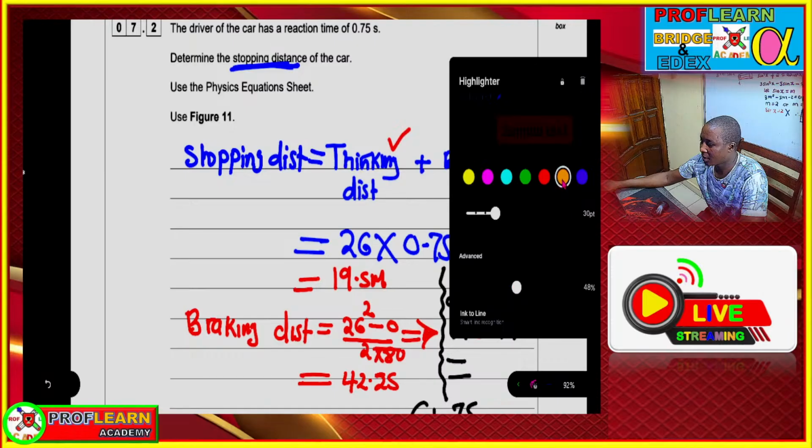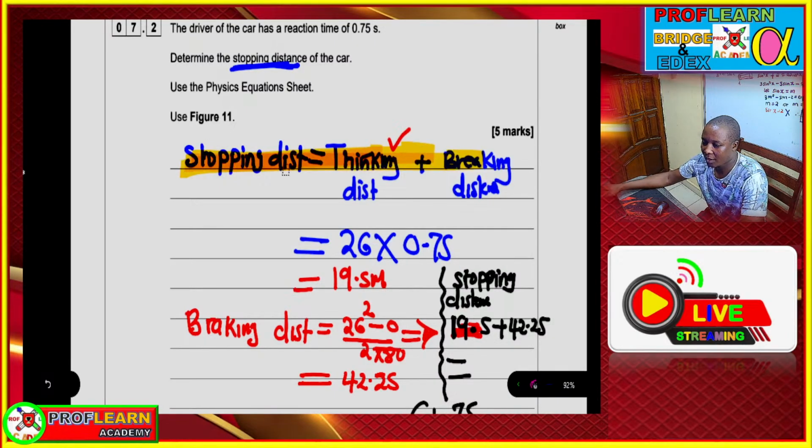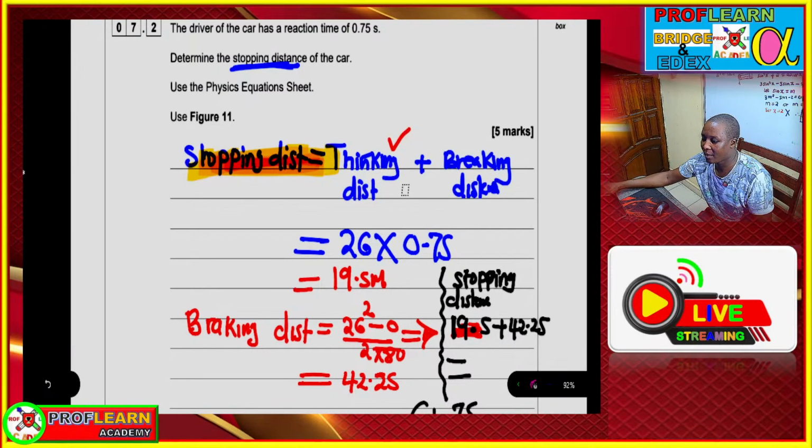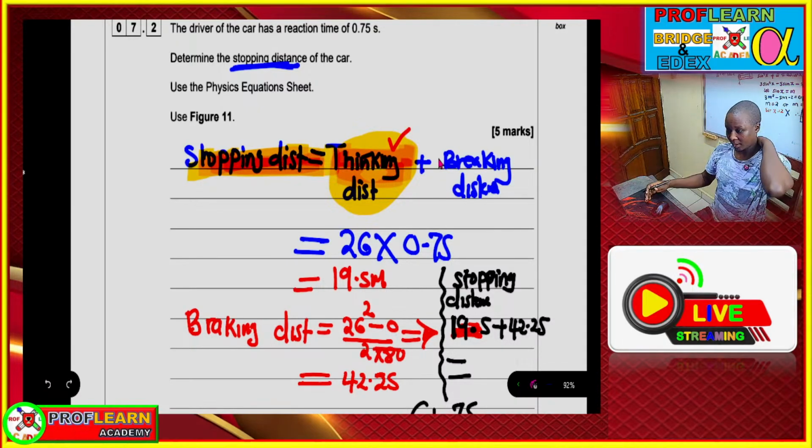So the most important thing that you need to remember in this area is that stopping distance is basically thinking distance plus braking distance. Thinking distance is the distance covered by the car while the driver is thinking what to do, and braking distance is the distance covered by the car from when the driver applies the brake to when the car comes to a complete stop.